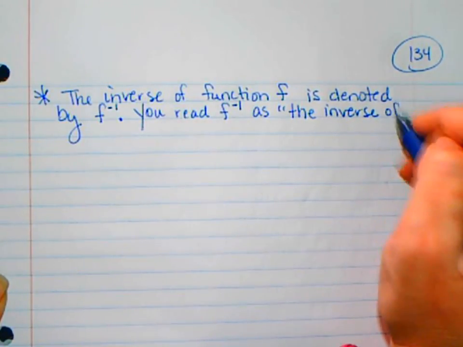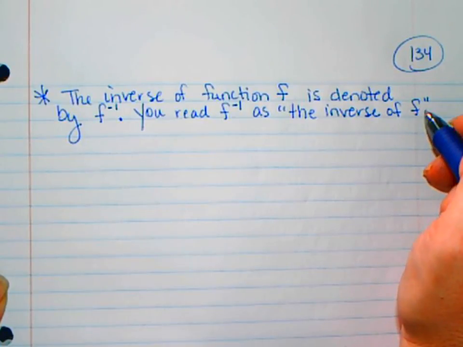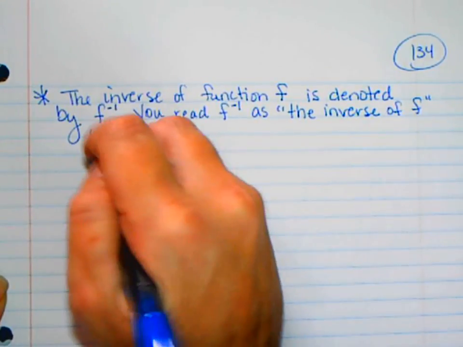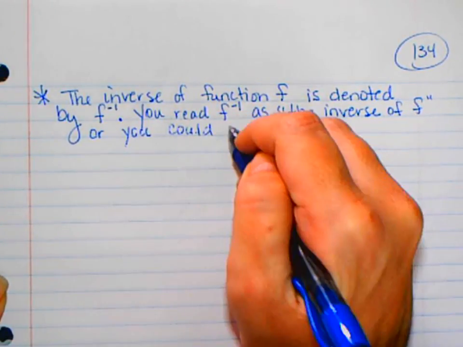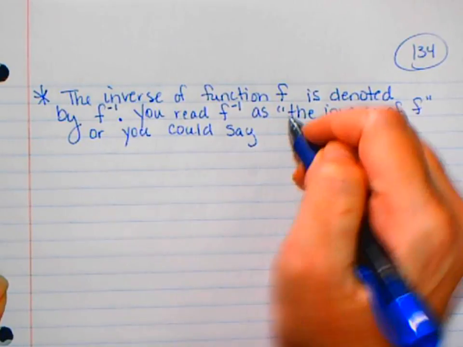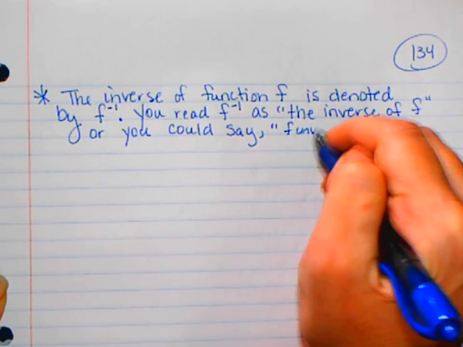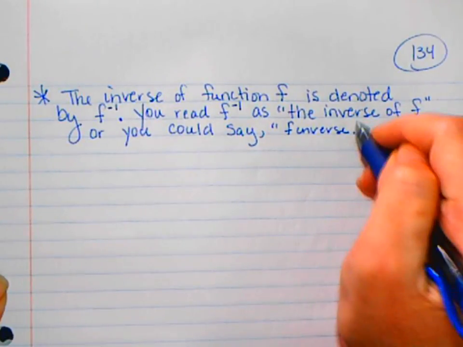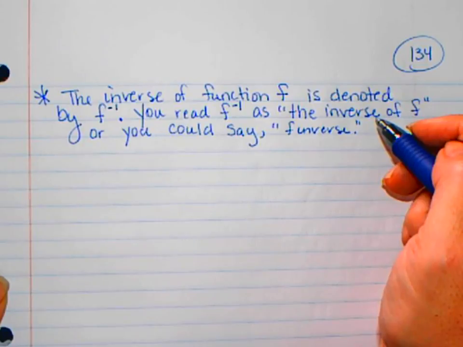So when you're talking about inverses, you wouldn't say f to the negative 1, it's the inverse of f is what it means. Or you could say f inverse. But f to the negative 1 is not how you say it when you're talking about inverses.